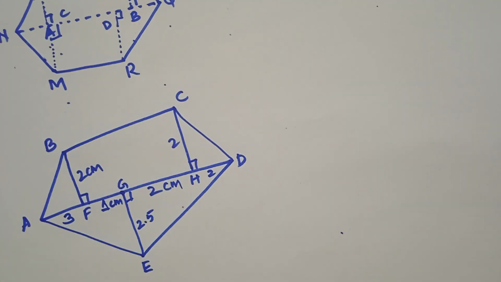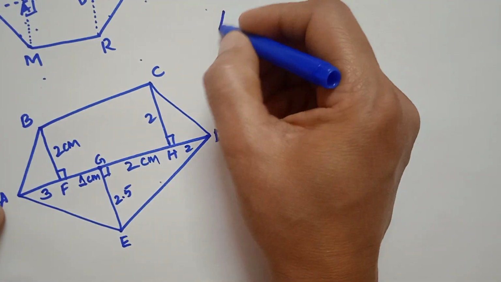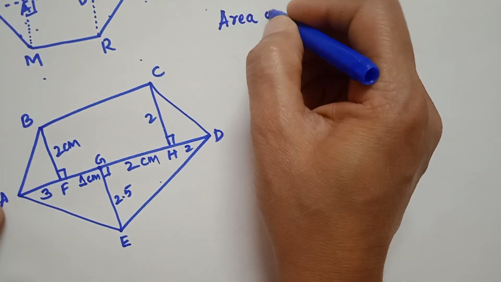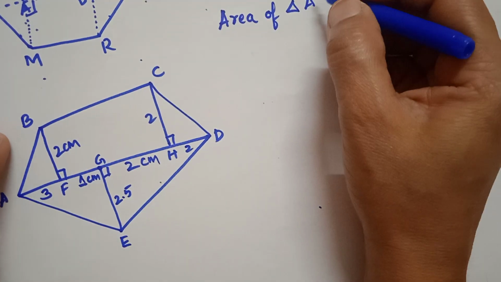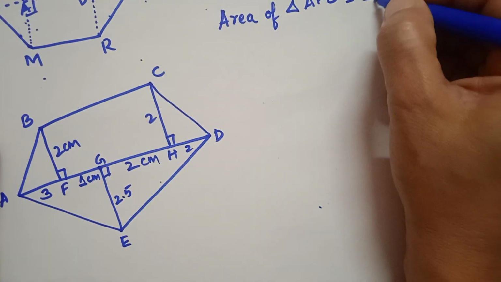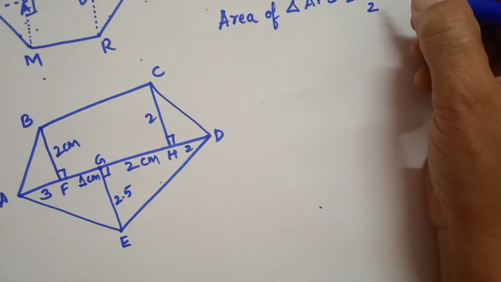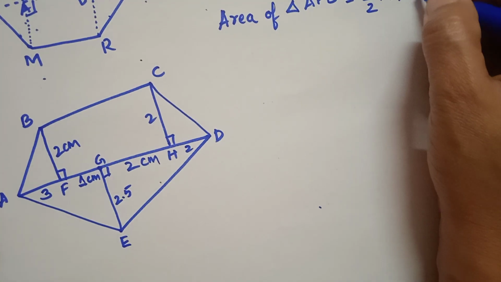First start with the area of triangle AFB. It is what? Half into base into height.